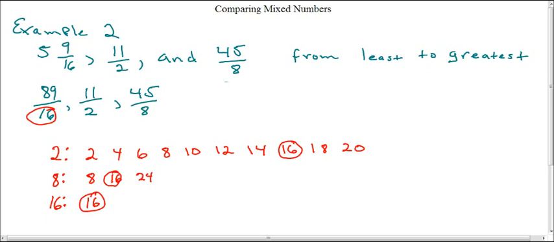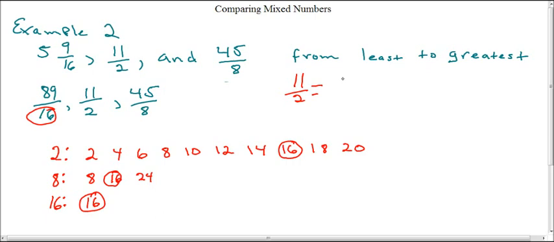So all we got to do now is take them and make them equivalent. So let's keep this here for just a second so we can see what we have with 11 over 2 and how to make that equivalent. So we have 1, 2, 3, 4, 5, 6, 7, 8.